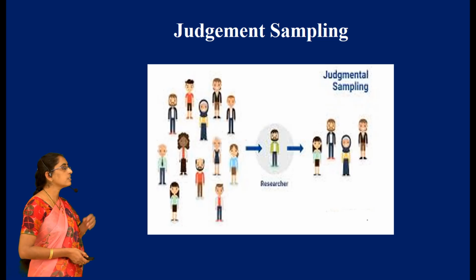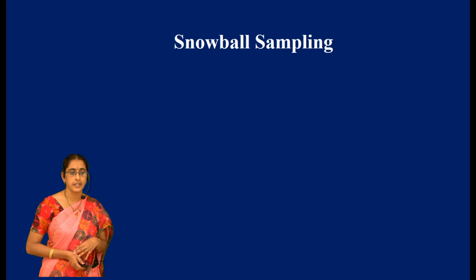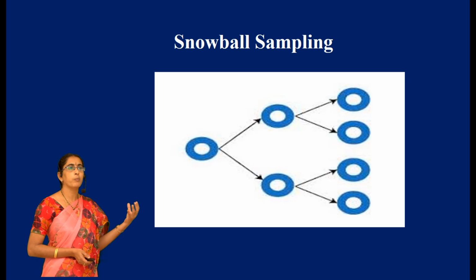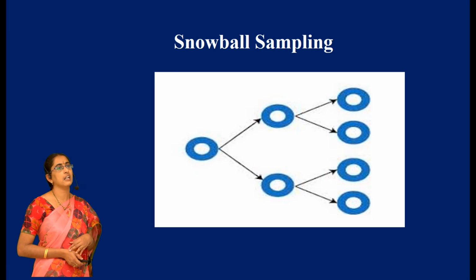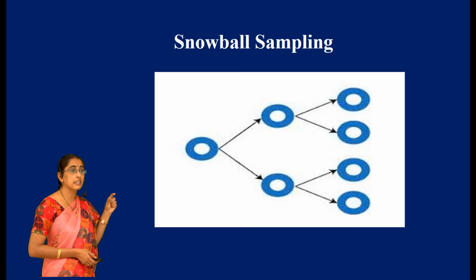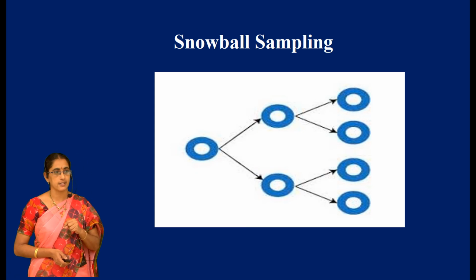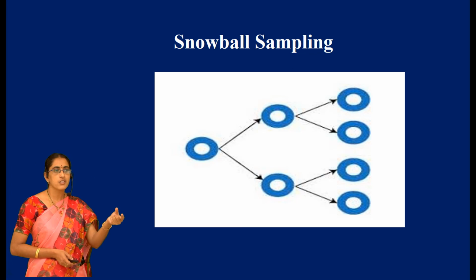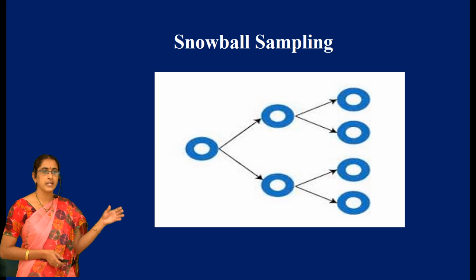Then the last one is the snowball sampling technique. In snowball sampling, when the population is very large, they have to collect the sample. Here the researcher appoints some enumerators. Enumerators means, if we consider the student strength of this college, we have BTech students and PG students, right?